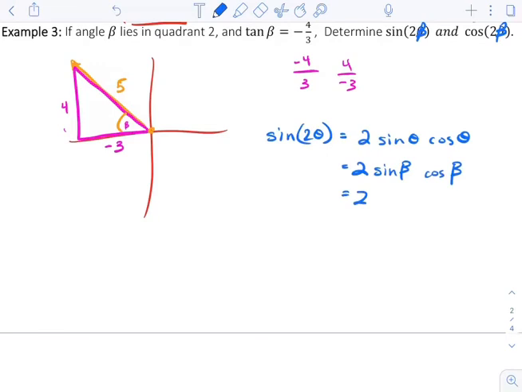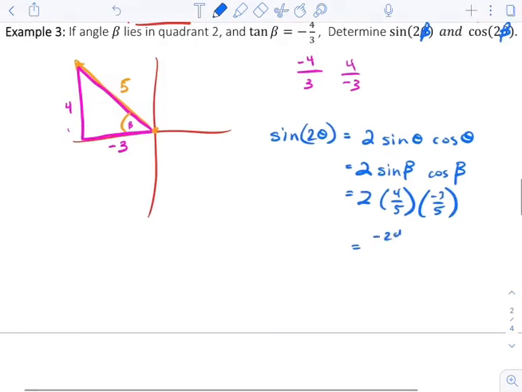So sine of B is 4/5. Cos of B is negative 3/5. And when I solve them through, multiply all across the top. 2 times 4 is 8 times negative 3, negative 24. 5 times 5, 25. We have our exact value for sine double angle.